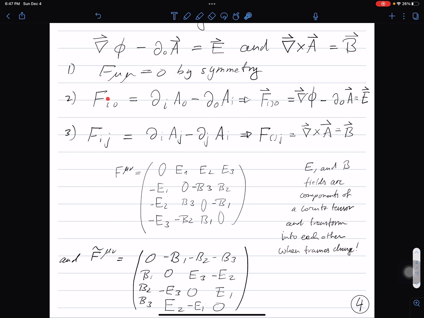The F spatial component and temporal component combinations have the spatial derivatives of the zero components, which is essentially the gradient of the scalar electric potential minus the time derivative of the vector potential, which is just the E field, and the pure spatial ij components are absolutely antisymmetric combinations of the derivatives of the magnetic components, which is just the rotation of the A field that is equal to the B field.